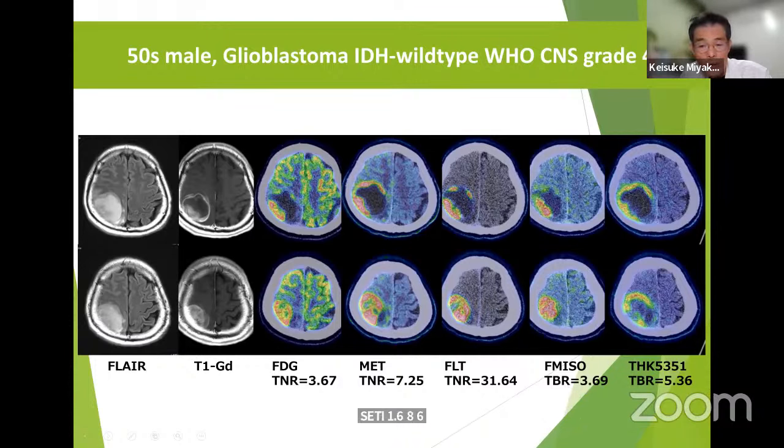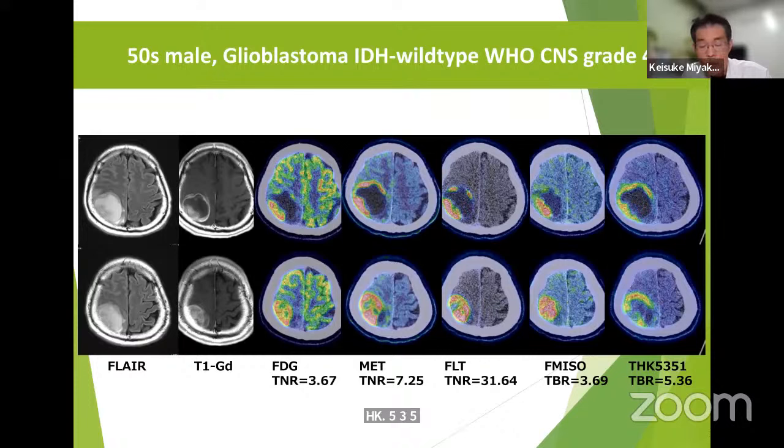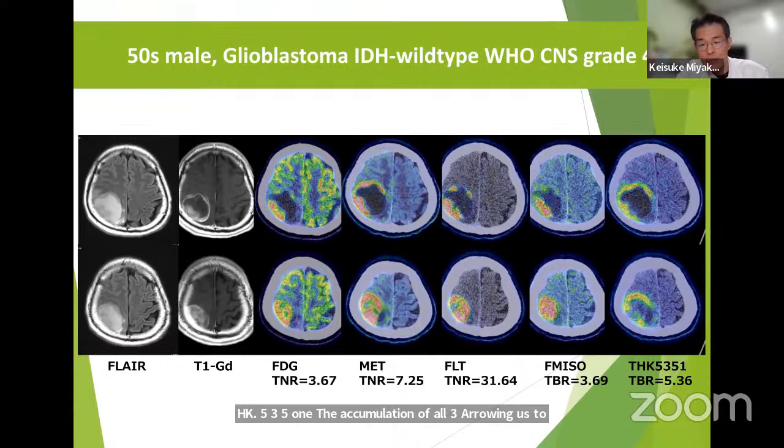Fluoromisonidazole tumor-to-blood ratio is 3.69. In this case, we conducted an evaluation using a novel PET tracer called THK5351. The accumulation of all tracers is high, allowing us to diagnose glioblastoma through PET imaging.